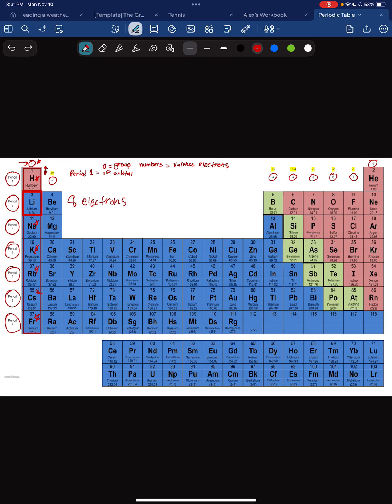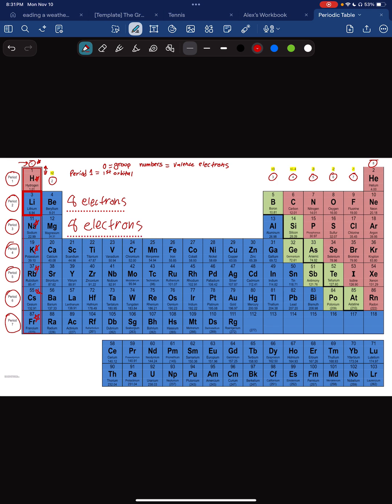If you notice, period 3 is exactly the same size and has the same amount of boxes as period 2. So period 3 can also only fit 8 electrons.